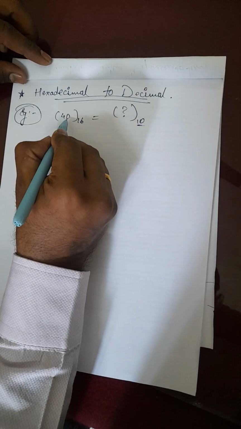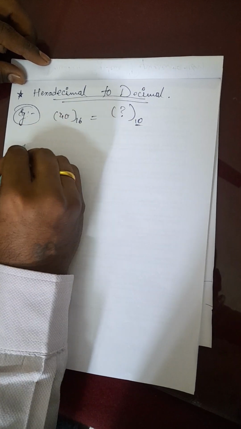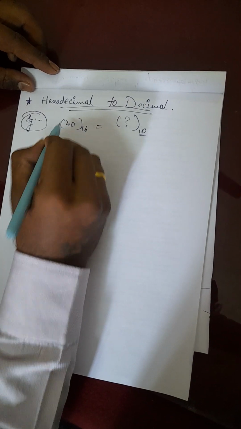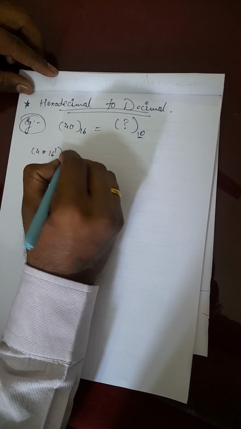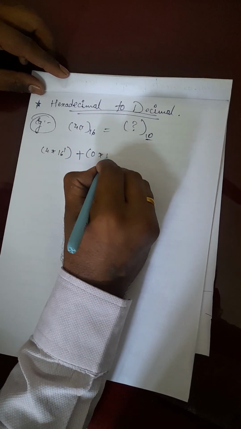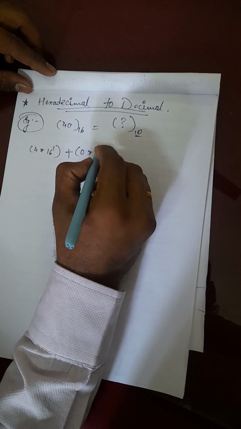Simple. Again, the positions are 0 and 1. So 4 multiplied by 16 power 1, plus 0 as it is here multiplied by 16 power 0.